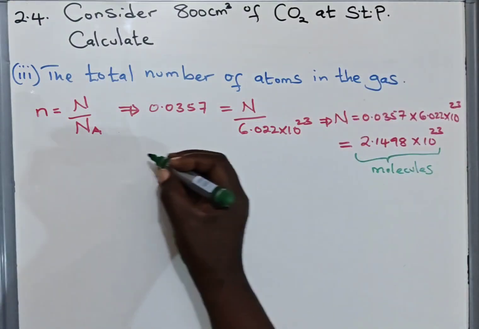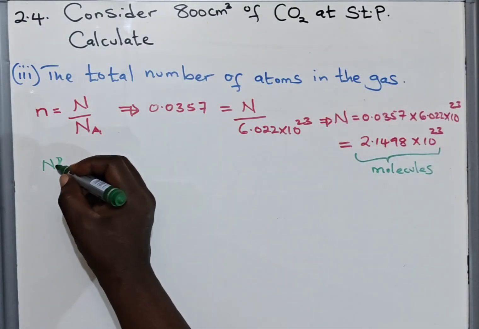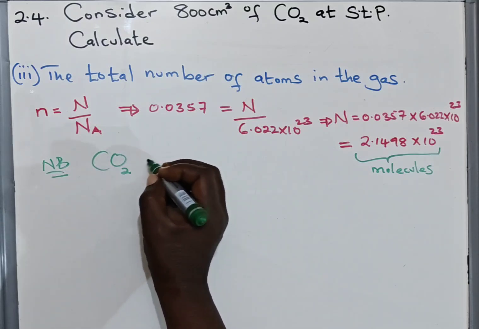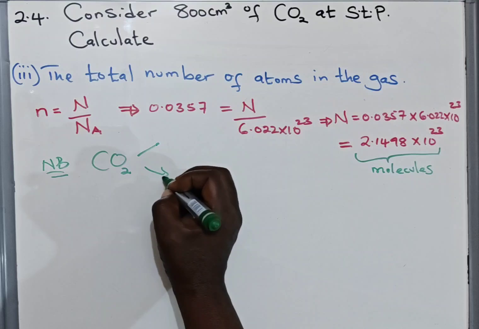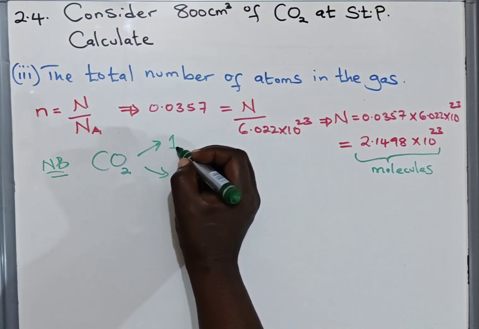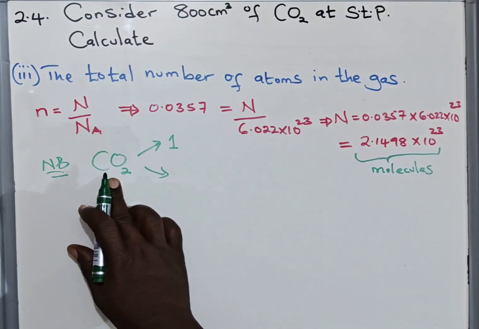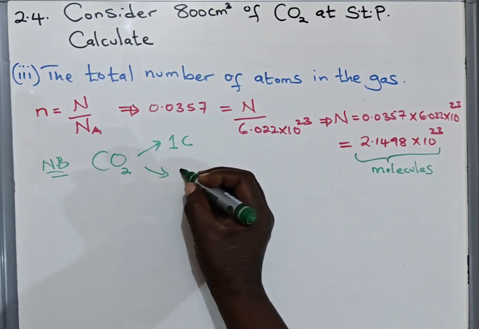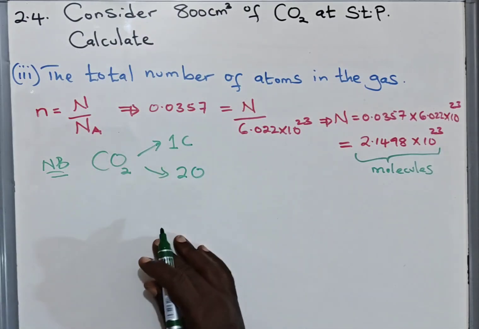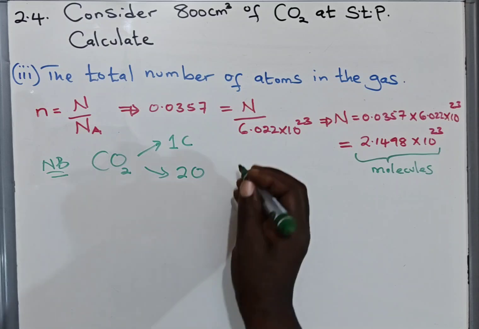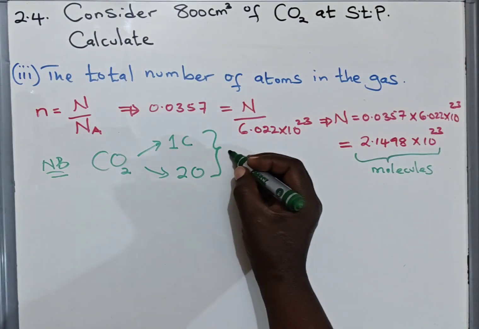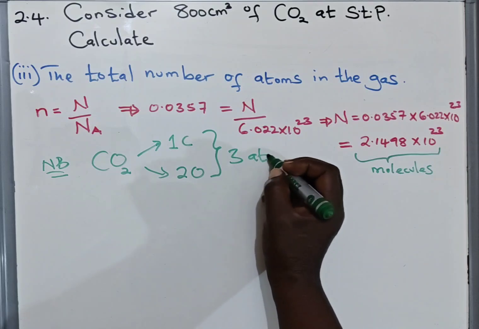You have to remember, a point to note, that this is the formula for carbon dioxide. So one molecule of carbon dioxide releases 1 carbon, and it is 2 oxygen. So when you combine this, what do you get? There are 3 atoms.